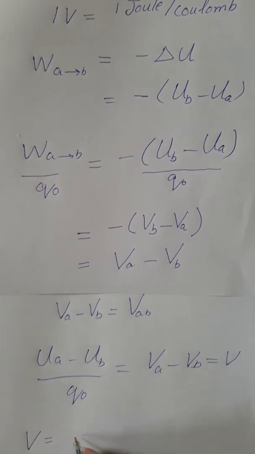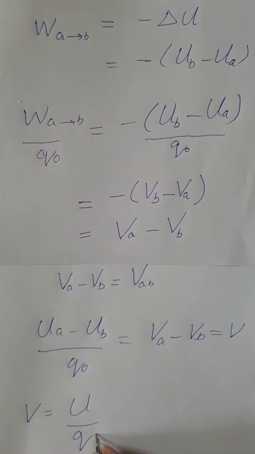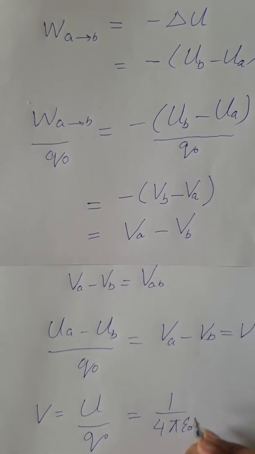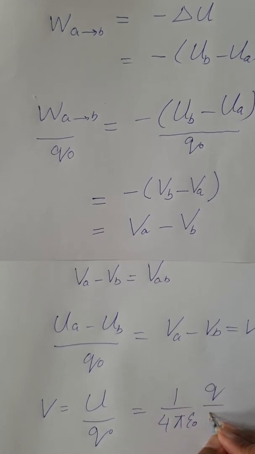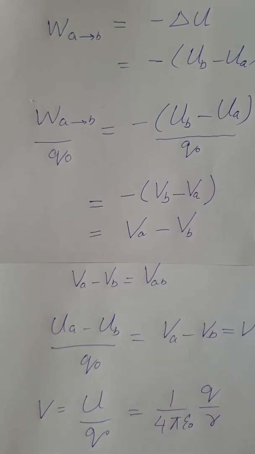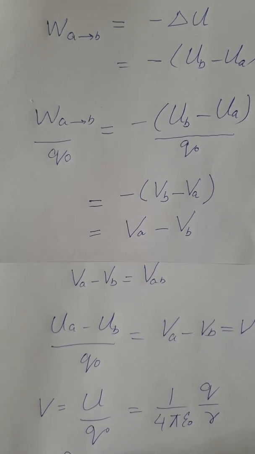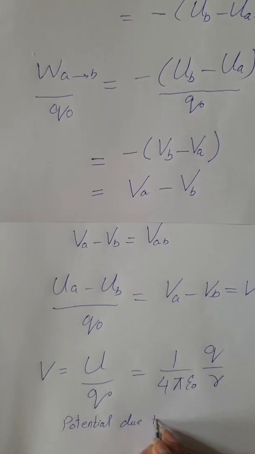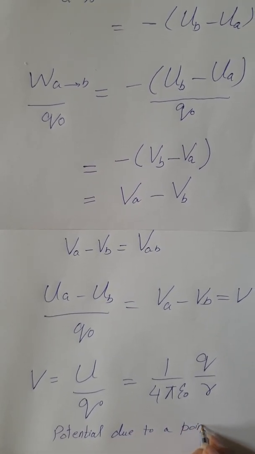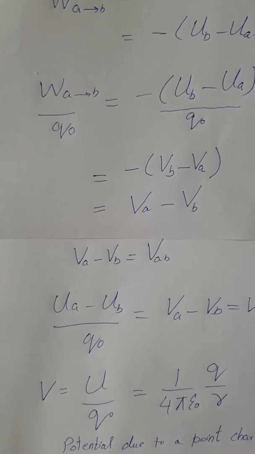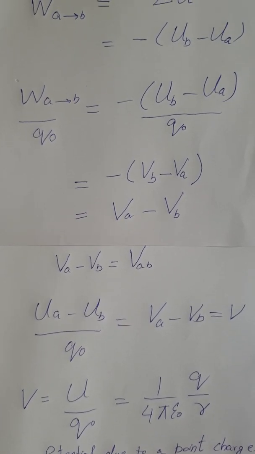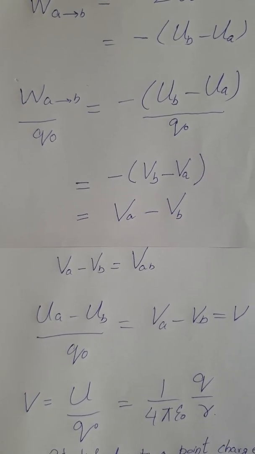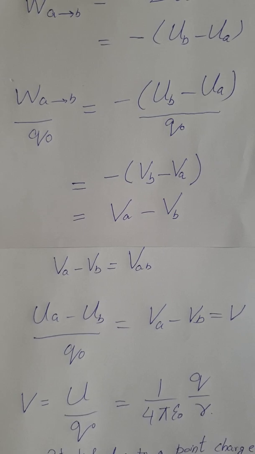We know V is equal to U over Q naught, which is equal to 1 over 4 pi epsilon naught times Q over R, the potential due to a point charge. Here R is the distance from the point charge Q to the point at which the potential is evaluated.